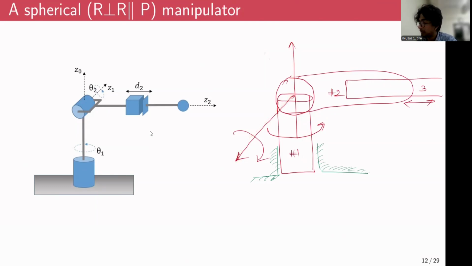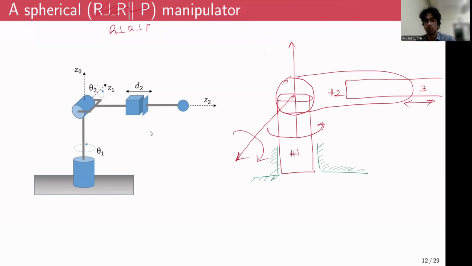And the third prismatic joint is actually perpendicular to the second revolute joint. I think this should be R perpendicular P, because all the joint axes are perpendicular with each other.